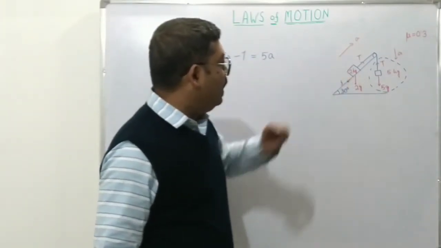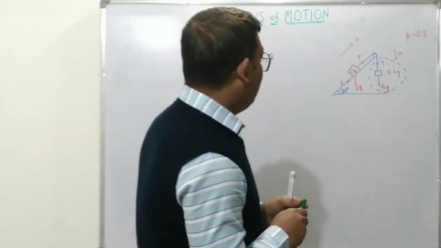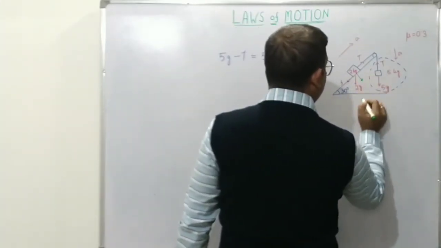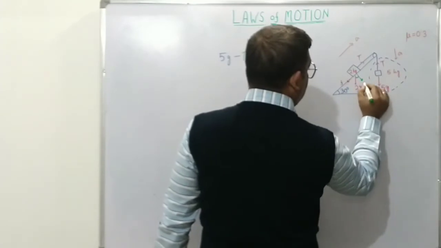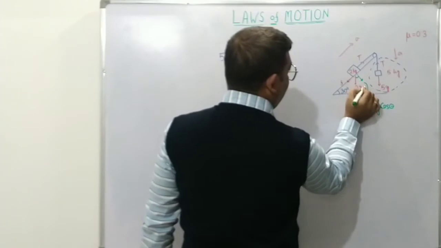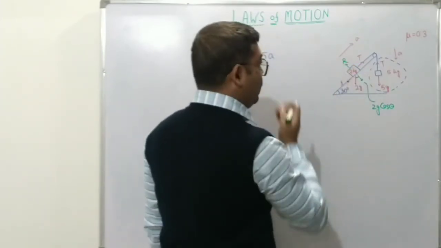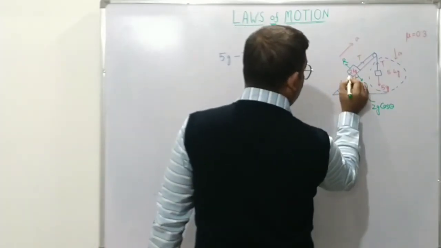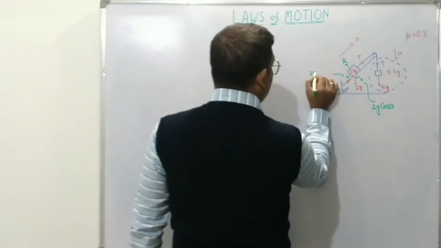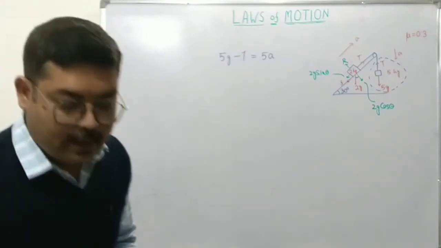To apply the same to the second case, the object on the incline, we need to observe that this weight has two components. This is 2g cos theta, the component perpendicular to the plane, which will be balanced by the normal reaction, and then there will be a component along the plane, given by 2g sin theta, where 2 is m here, so mg sin theta.